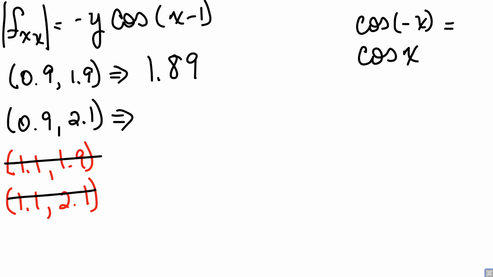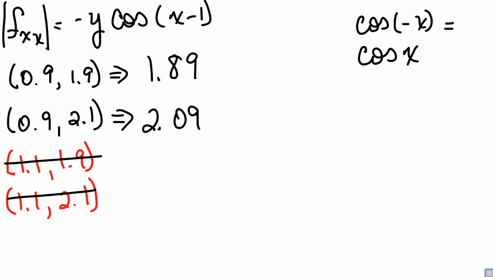Yeah, you're going to get about 2.09. So we've checked all of them, and like I said, if we did these other two, we're going to get the same values over again. So there's no need to really check those.